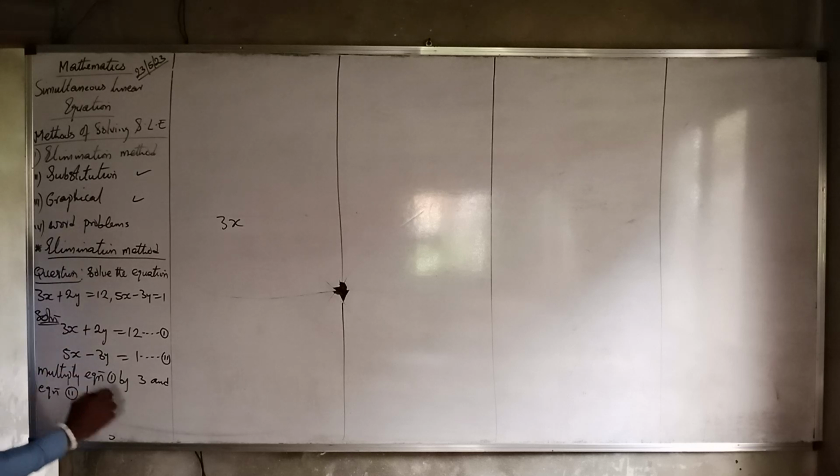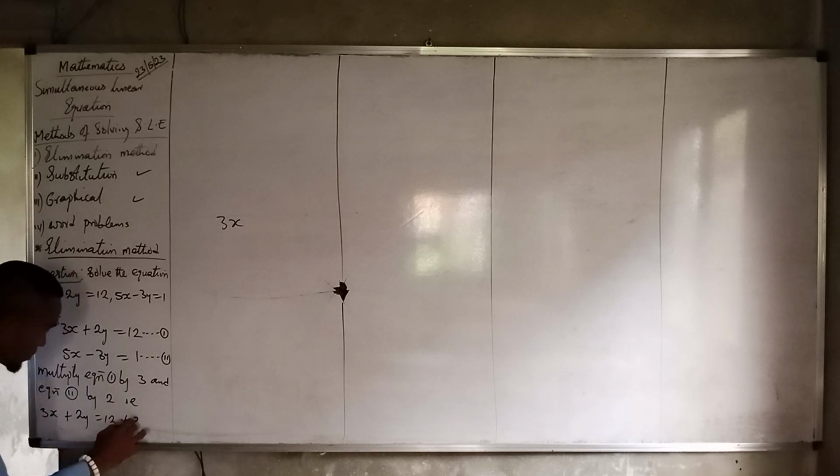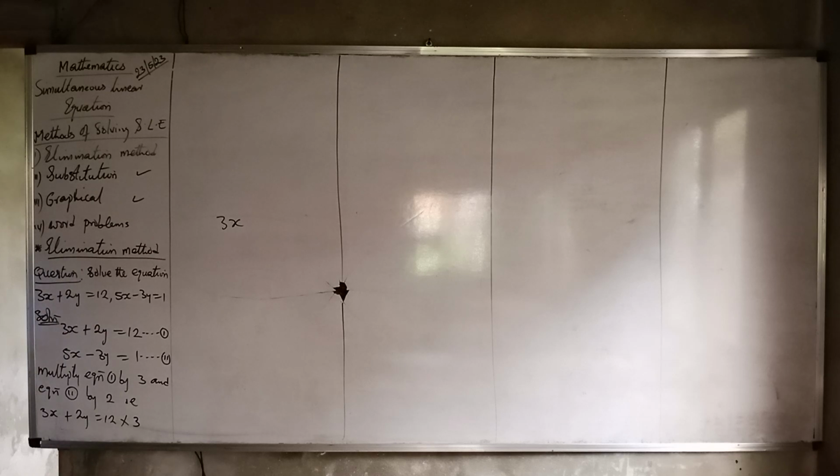That is, I'll say 3x plus 2y equals 12, times 3. Now 5x minus 3y equals 1, times 2. Are you seeing me?